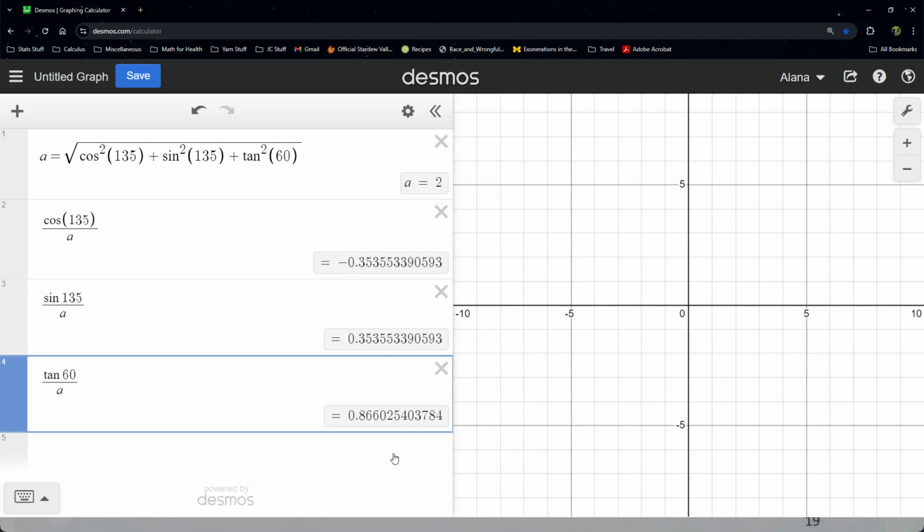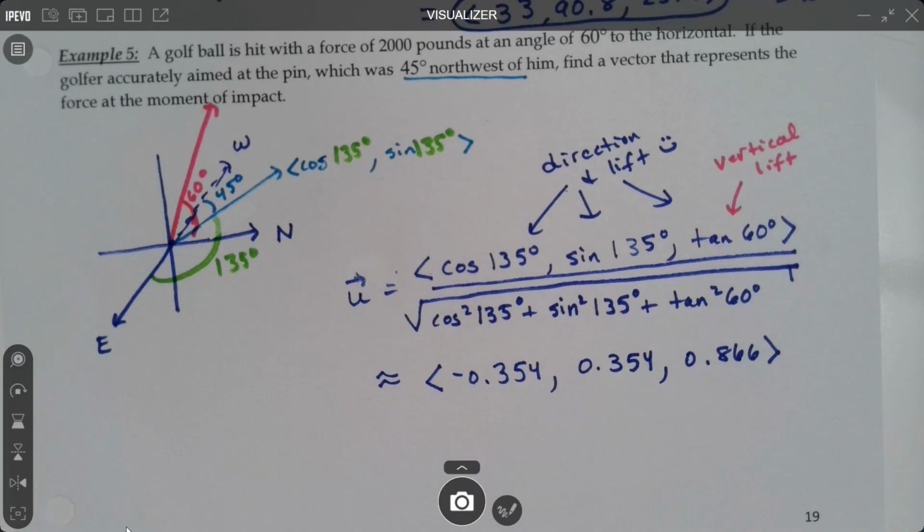So I have those values. Let me write those down. So negative 0.354, positive 0.354, and 0.866, which is definitely a known value, but we don't have to worry about it.